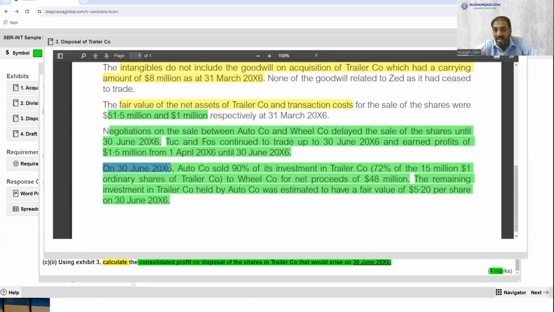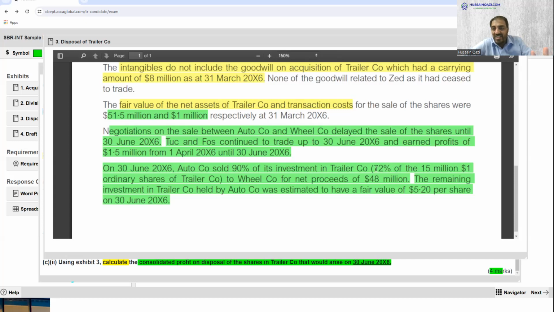On 30th June X6, Auto company sold 90% of investment. So that means 72% of 15 million. 90% of investment means they have originally invested 80% of the shares. So out of that 80%, 90% have been sold.